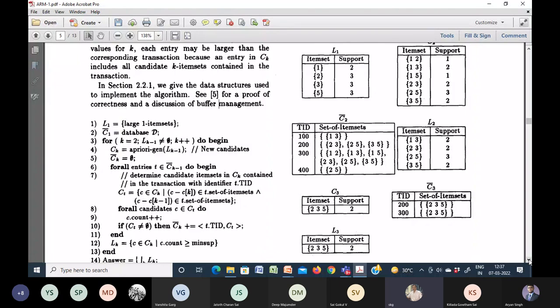So for k equal to 3, we have {2, 3, 5} as the 3 item set. The algorithm stops here because there is no way to generate the 4 item set and so on. The same thing is in the basic Apriori algorithm, which deals with it.